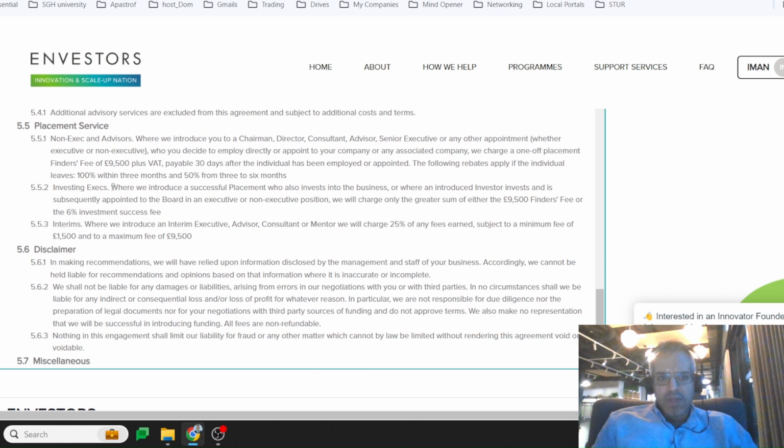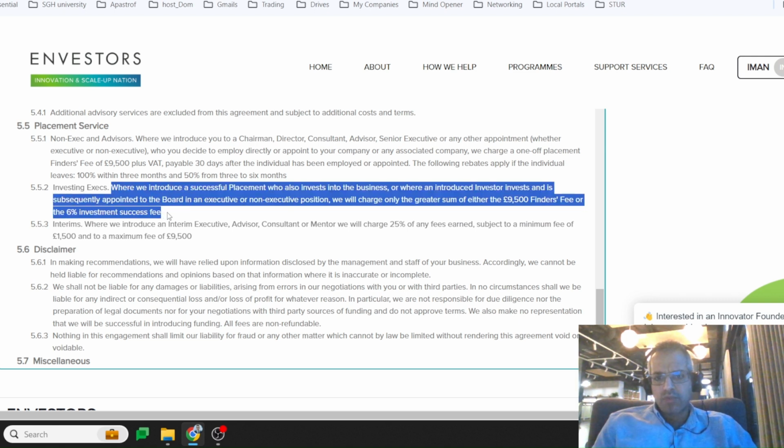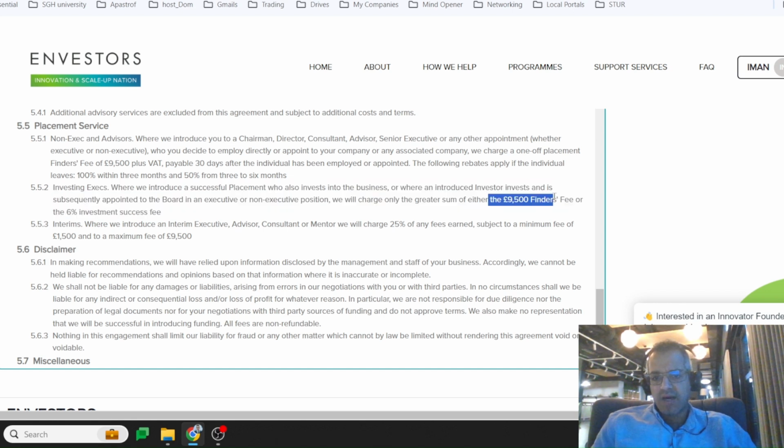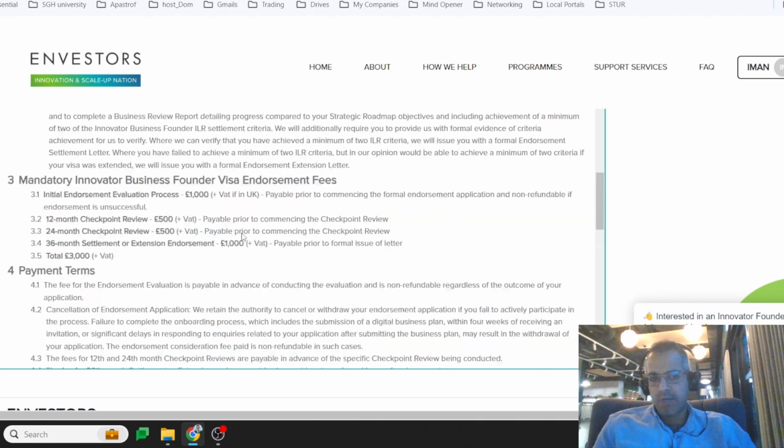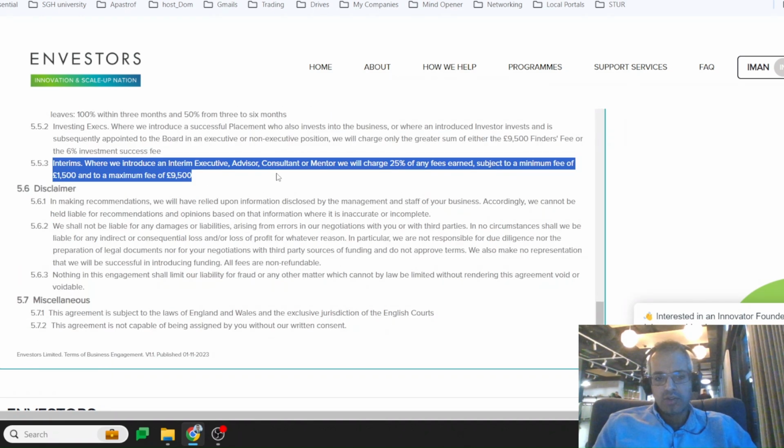They will also provide support in raising funds, and for this they charge 6% or £9,500 for finder fees, whichever is bigger. The interim management can also be done by this company.